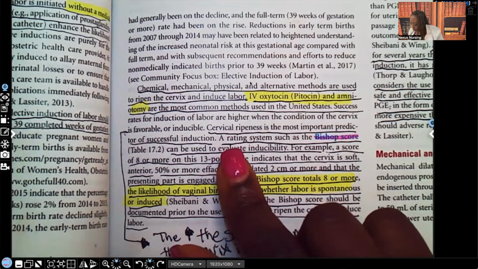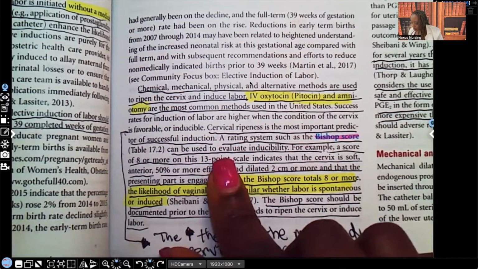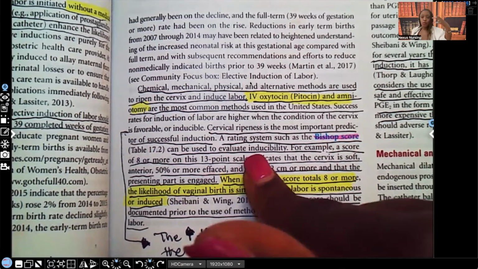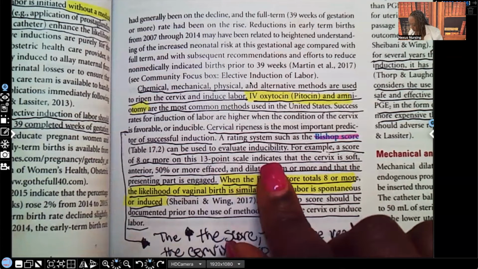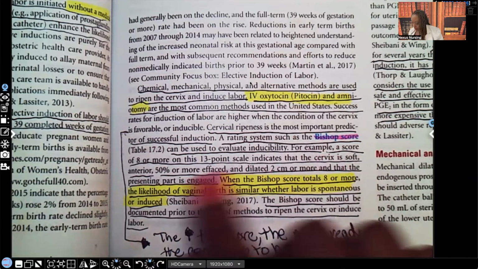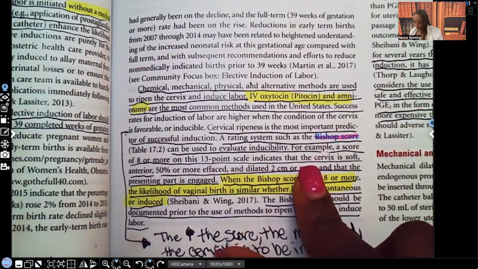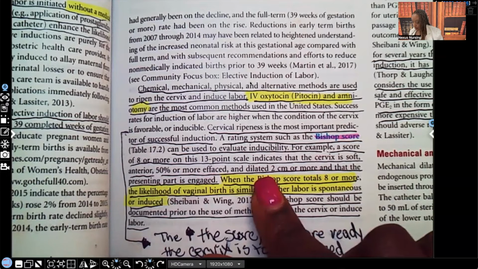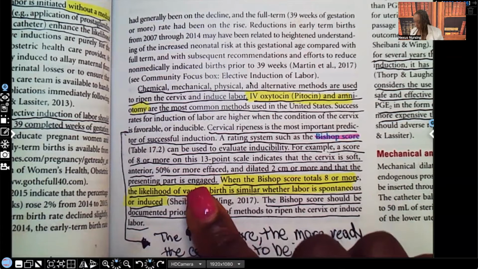So look at this. The rating system, such as the Bishop score, you guys have to know that, can be used to evaluate inducibility. The higher that score is, the more ready that the cervix is to be induced, okay? For example, a score of 8 or more on a 13-point scale indicates that the cervix is soft, anterior, 50% or more effaced, and 2 centimeters dilated or more, and that the presenting part is engaged. Look at this.